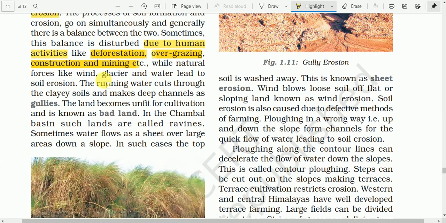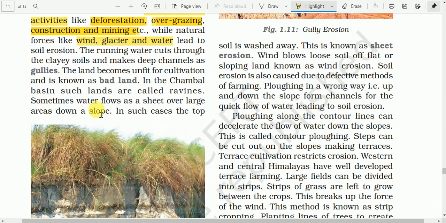The natural causes are wind, glacier and water. These lead to soil erosion. Running water cuts through the clay soils and makes deep channels, rills, as gullies, and this type of soil erosion is known as gully erosion.